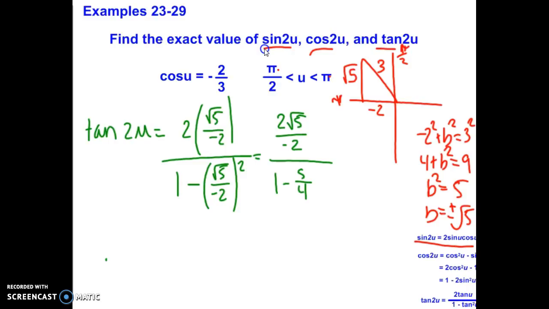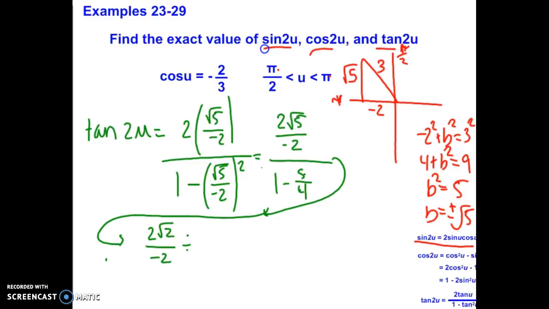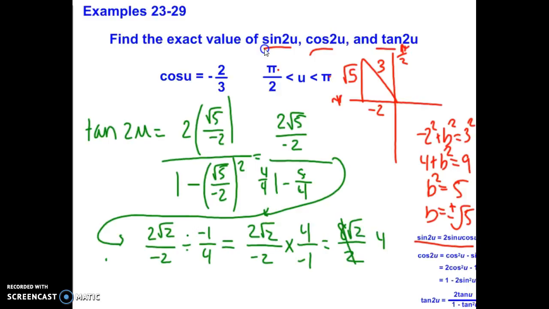Well, that gives me, if I keep going, 2 root 5 over negative 2 divided by, this becomes 4/4. So divided by negative 1/4. That means you multiply by the reciprocal. And you get 8 root 2 over 2. You reduce. 4 root 2 would be the tangent value of twice that angle.